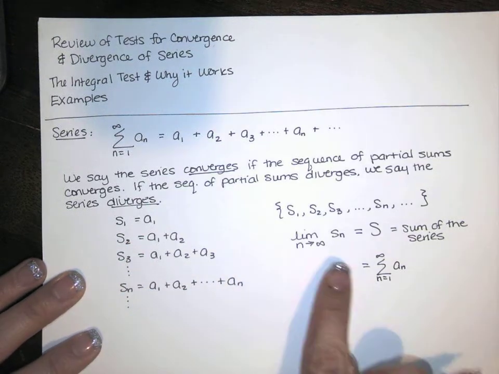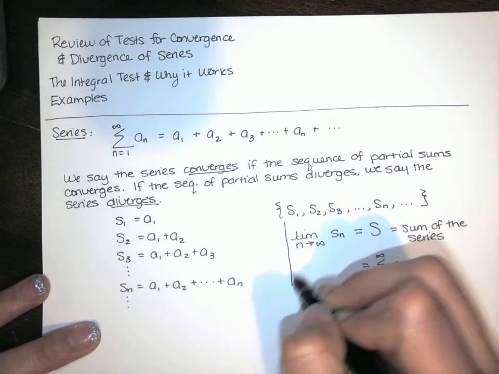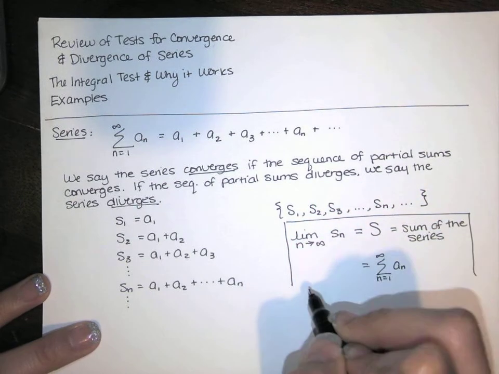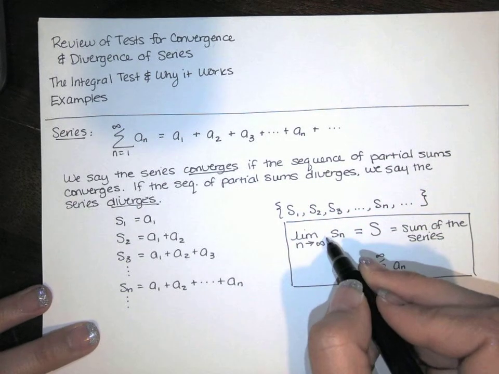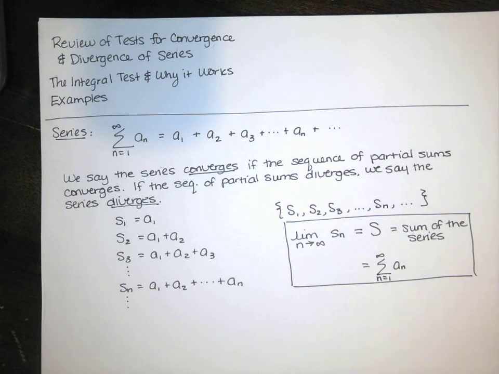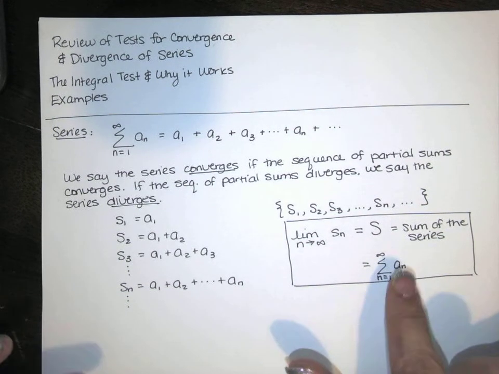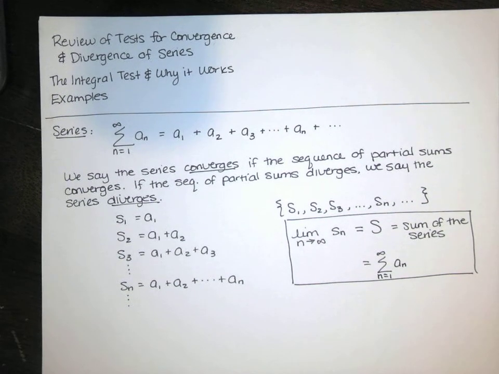If those sums are approaching a finite number, then we say that that's the sum of the series. If the limit of the sequence of partial sums does not exist, we say the series diverges. Or if it diverges to infinity or diverges to negative infinity, we say the series itself that we started with diverges.